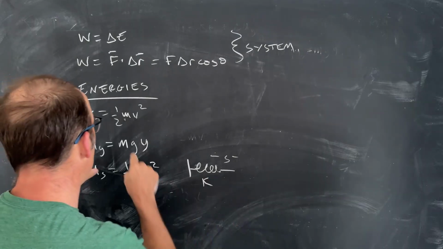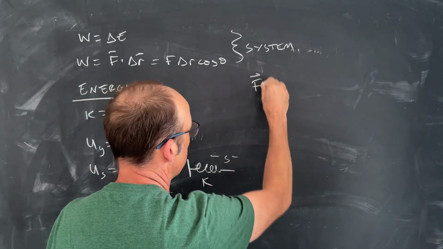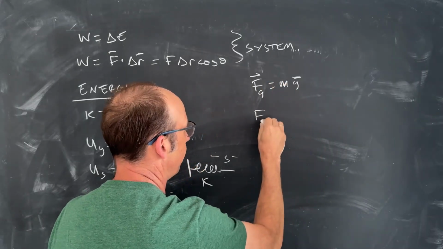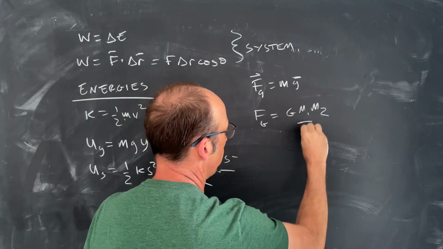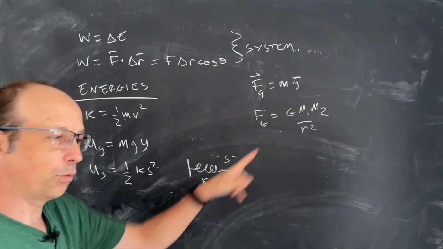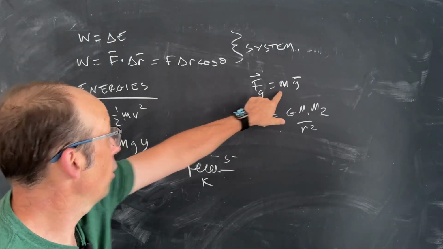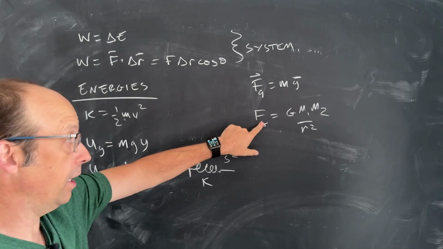Another type of energy, remember that we have the gravitational force was mg. But we also had this Fg is G m1 m2 over r squared, that universal gravity, which we wrote as a scalar most of the time, even though it's a vector. Well, that goes with this potential energy, but it's really this potential energy that matters.